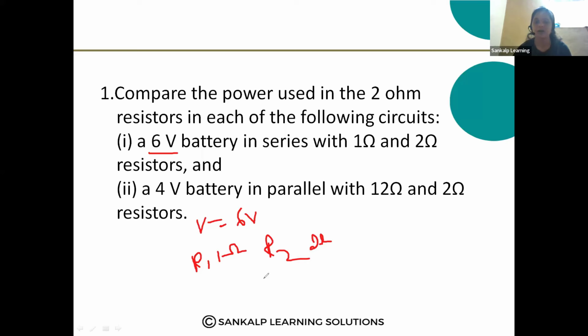Then in the second case, the 4 volt battery, V is equal to 4 volt, and in parallel they have connected the 12 ohm and the 2 ohm resistors. Try to understand the question and note down the given data, voltage and resistance. Is that clear?